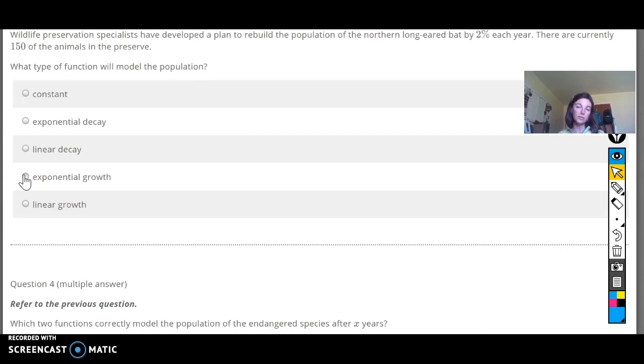And so 2% of an ever increasing number is going to be bigger. As your base number, that 150, grows, your 2% of that is going to get bigger and bigger. If you imagine this like a bank account, if your principal stayed the same and you only grew off that same principal every year, it wouldn't be worth doing a bank account.